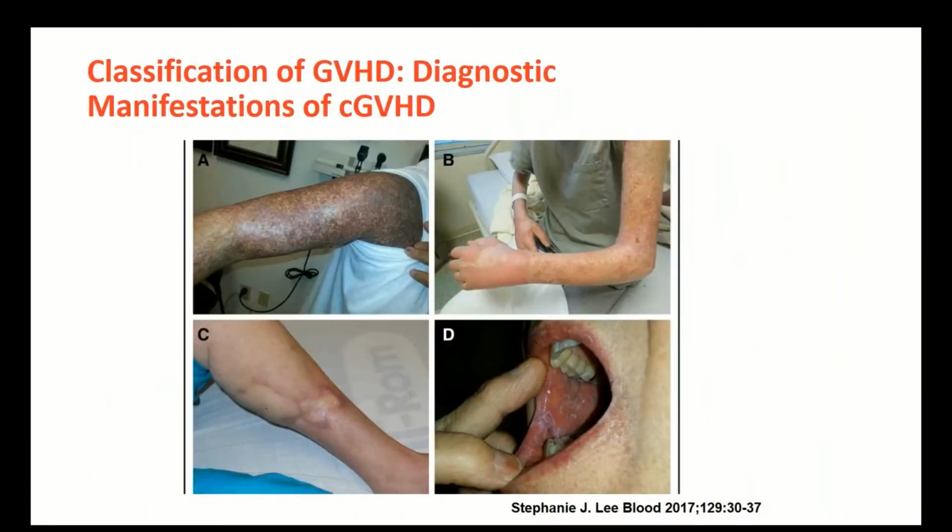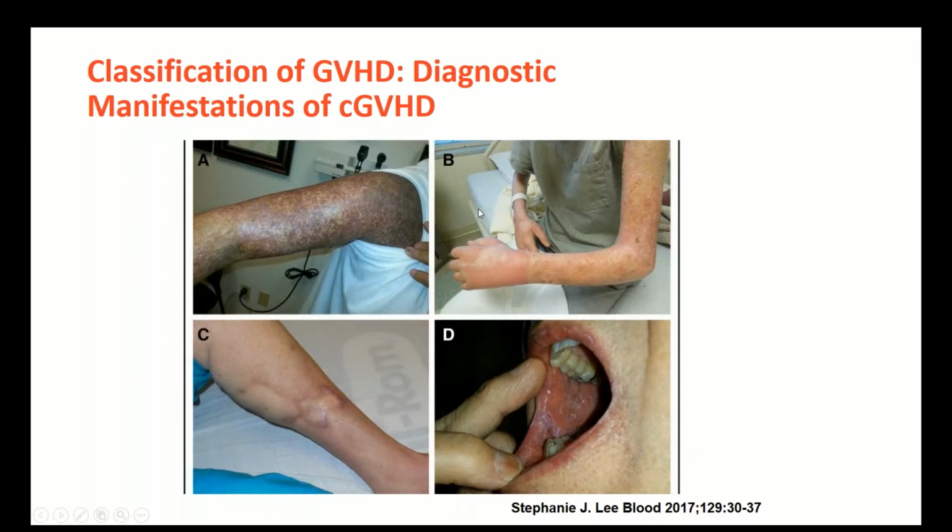But briefly, some of the more common examples of diagnostic manifestations of chronic graft versus host disease that are outlined in the NIH paper are cutaneous lichen planus that you see in box A at the top left here. So these are erythematous to violaceous papules or plaques with a predilection for the dorsal hands, feet, the forearms, and the trunk. And there is often some fine scale on top of the rash.